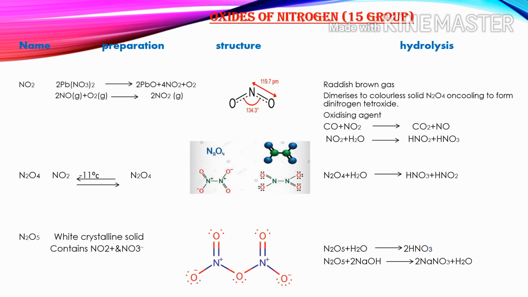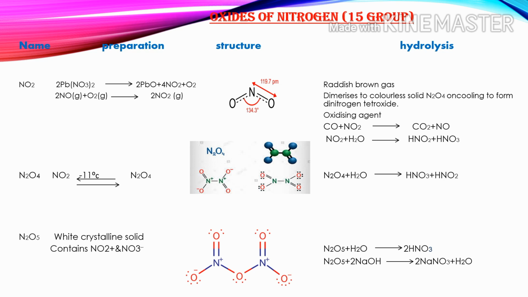See the structure of nitrogen dioxide. Nitrogen has an unpaired electron, so it shows paramagnetic nature. It also dimerizes on cooling to form dinitrogen tetroxide.